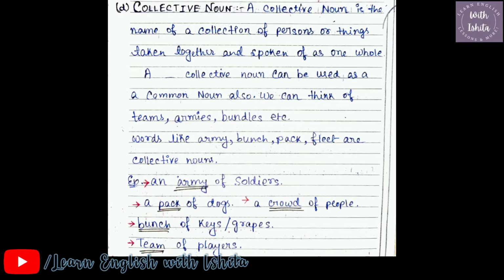For example, an army of soldiers, a pack of dogs, a bunch of keys or a bunch of grapes, a crowd of people, a team of players. Army, pack, bunch, team, crowd are examples of collective nouns.